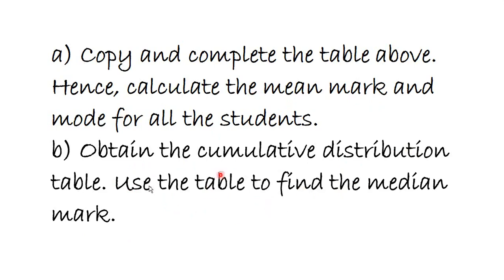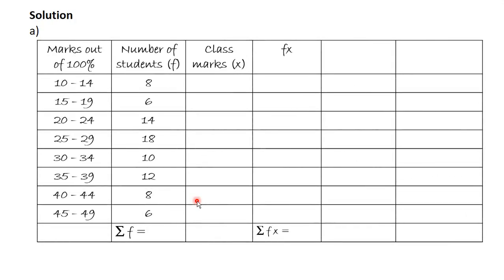So first of all, let us get that table and copy it. There we have the table, and we are also going to have these other extensions just to cater for the median, because we also want to get the median mark.